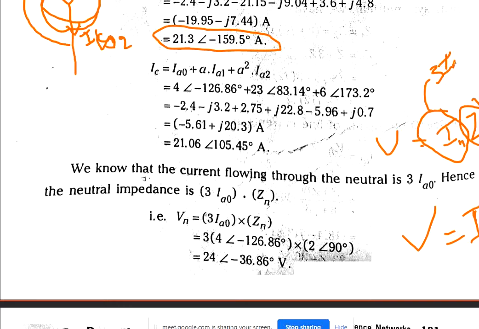So it is 3 IA naught into Zn. Zn has the value 2 at an angle 90; it had been given in the question. So 3 into 4 at an angle 126. You will get the voltage drop across the neutral as 24 at an angle minus 36.86. Now, in the question, he has not asked to draw the impedance network.